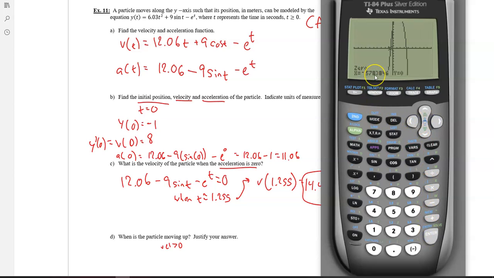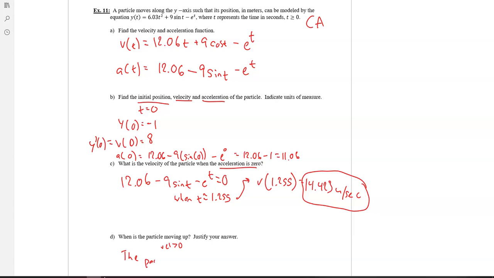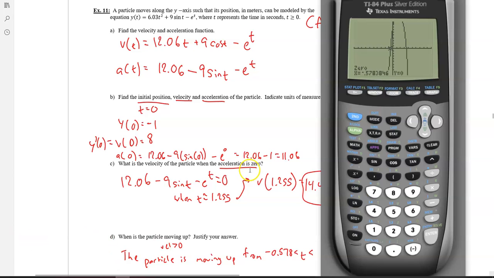Okay, so it looks like it starts at negative 0.578. The particle is moving up from negative 0.578 less than t, less than, and then let me get the last 0 here.